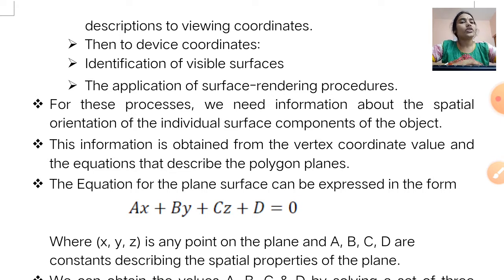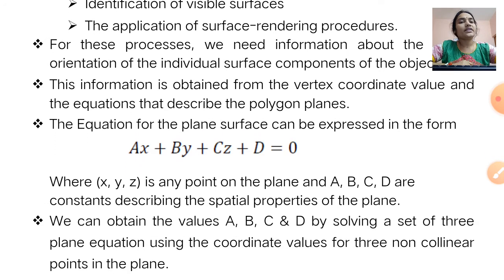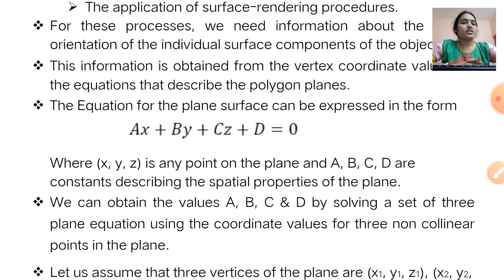The equation of the plane surface can be expressed in the form ax plus by plus cz plus d equals 0, where x, y, z is any coordinate point on the plane, and a, b, c, d are constants describing the spatial properties of the plane.